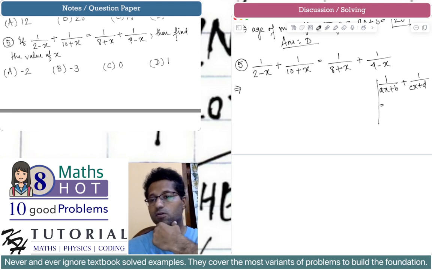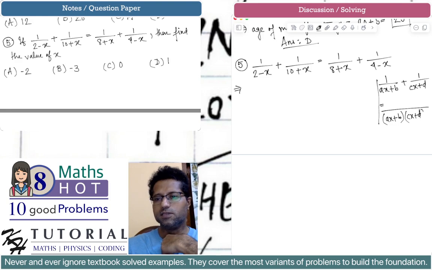What will be the LCM of the denominators ax plus b and cx plus d? The LCM will be just their product, ax plus b multiplied by cx plus d.